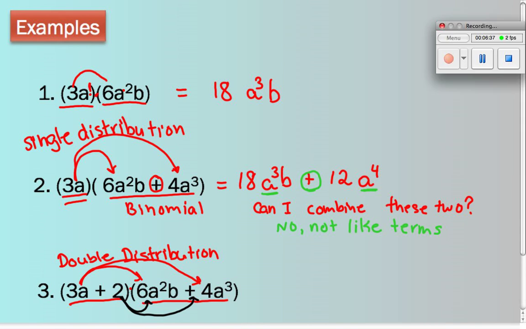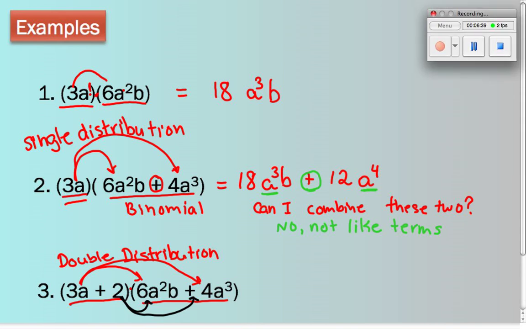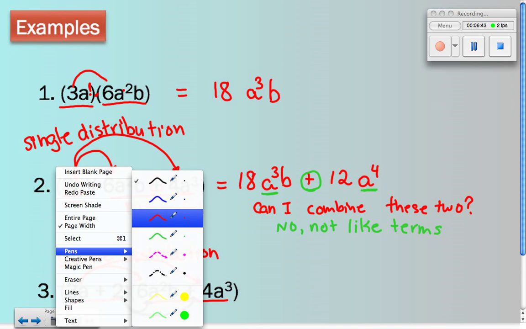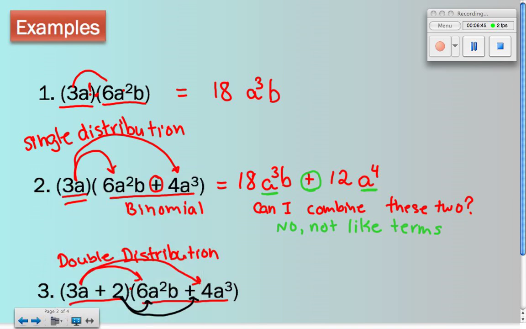Let's move this out of the way so I have some room here. Let's go back to my red pen and let's do the red distribution. 3a times 6a squared b, we know by now is 18a cubed b. The 3a times the 4a cubed, we know the answer is 12a to the 4th.